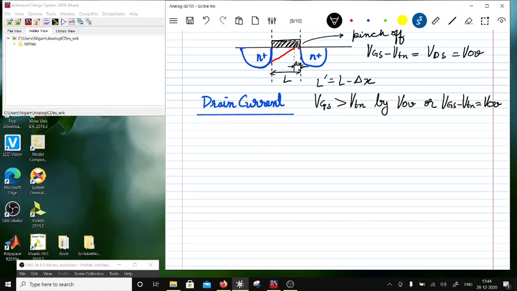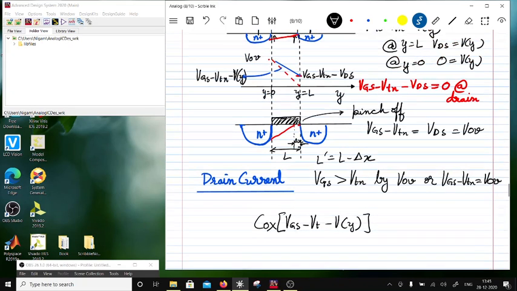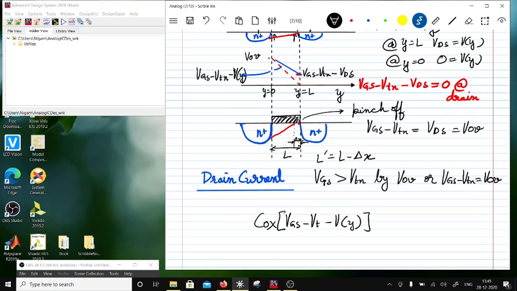It will be simply COX times VGS minus VT minus VY. So this is the charge. Okay, and then if I was to consider a dimension which is going into the paper, or basically we can draw this in 3D like this.